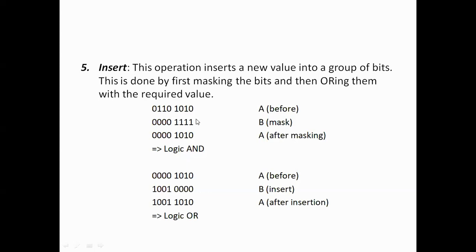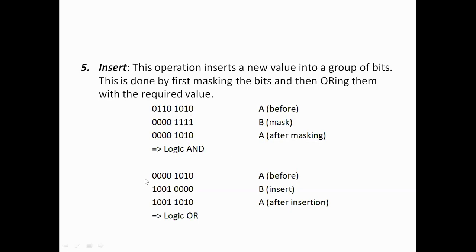For that, first we will do masking. That is, at these 4 places we will take another register, put 4 zeros here, and ones in the remaining places. And when we do masking, we know that wherever there is 0 in B, A will become 0. So this A will become 0 0 0 0 1 0 1 0.